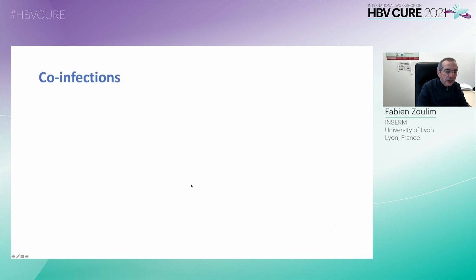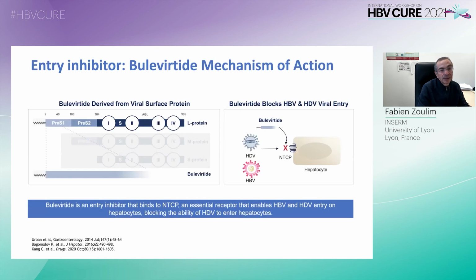Another very important point is co-infections. We have specific drugs, entry inhibitors like bulevirtide, which, as you know, specifically block the interaction of the HBs envelope protein with the NTCP receptor on the hepatocyte membrane.